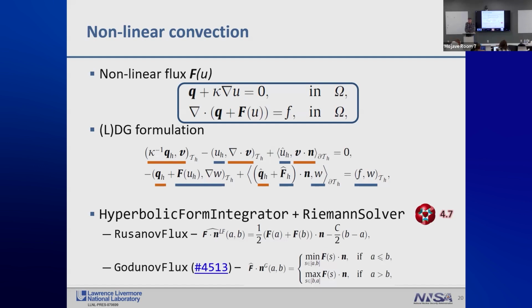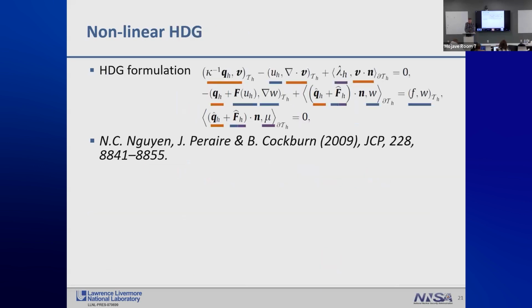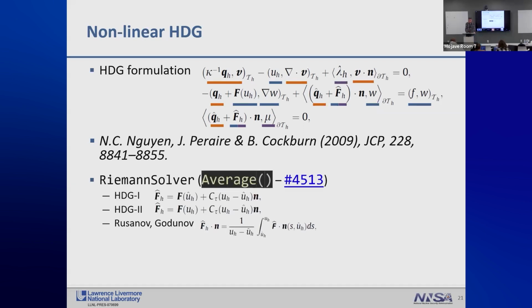It's defined here. And then the HDG formulation is again very similar to what we have before. Following this paper, we stabilize that HDG by means of integral average of the face fluxes.